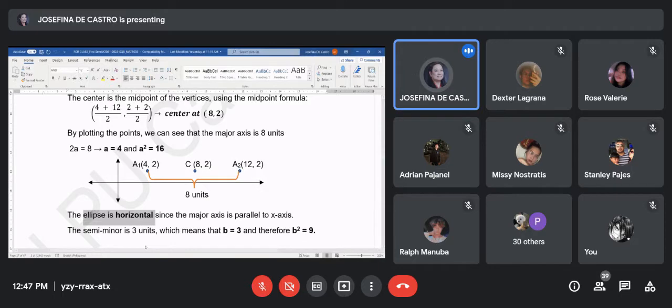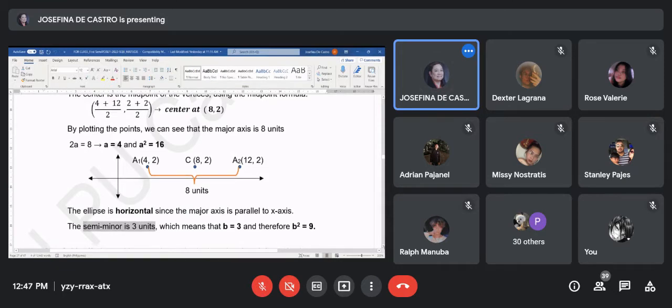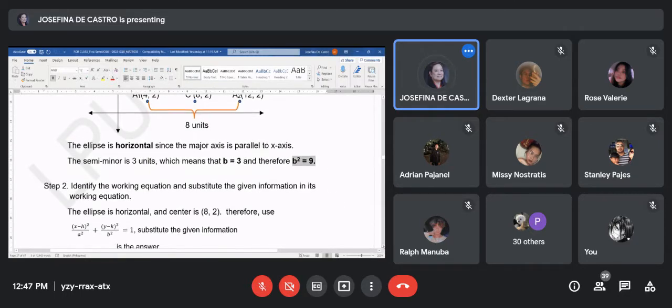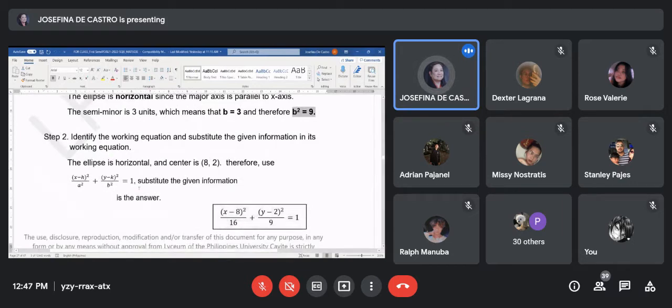Okay? And then, sabi din sa problem na ang semi-minor is 3 units. Therefore, b is equal to 3 and b squared is equal to 9. So, the formula that you are going to use ay ito: (x minus h) quantity squared over a squared, plus (y minus k) quantity squared over b squared is equal to 1.